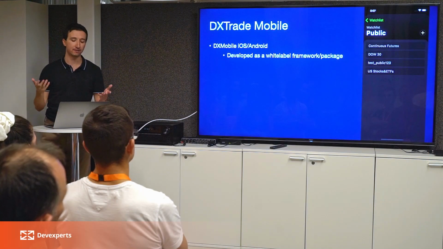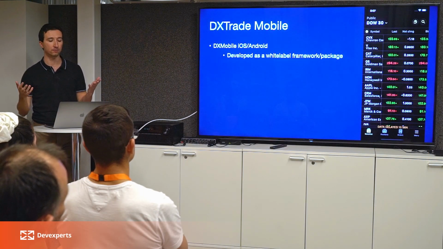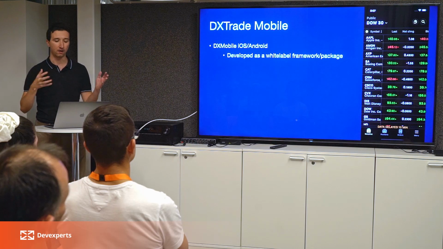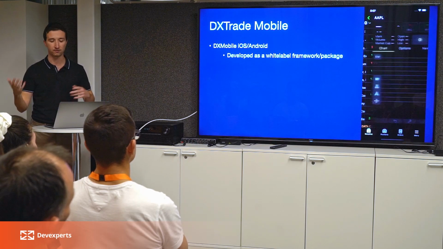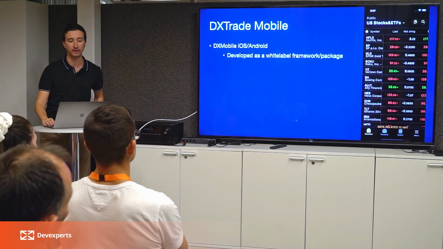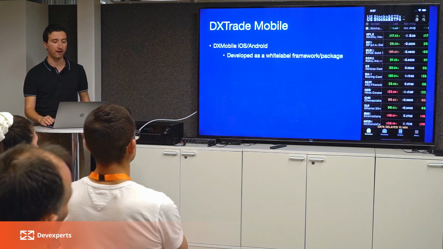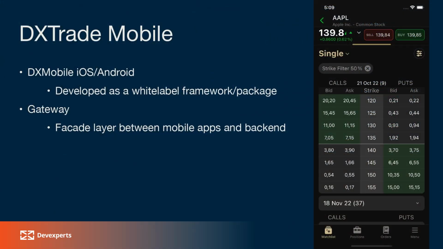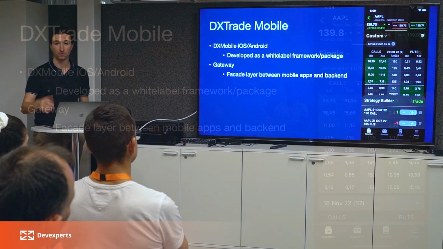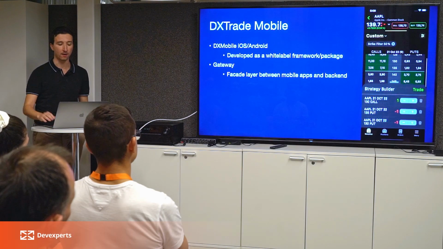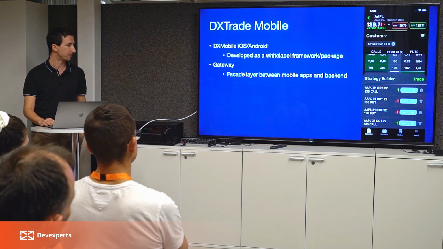And the reason for that is that we want to have the ability to customize colors, designs, or features in some cases for different clients. The gateway part, as I mentioned, is basically a middle layer because it simplifies the way that the apps work with all this data.